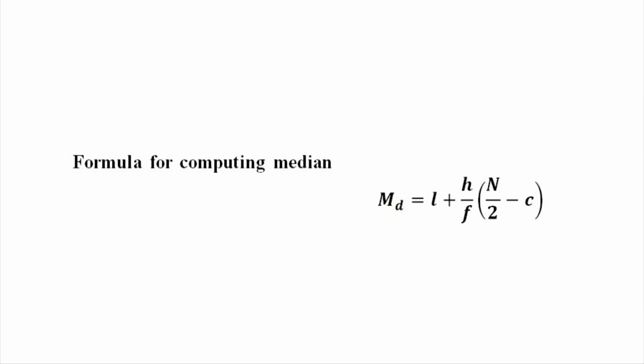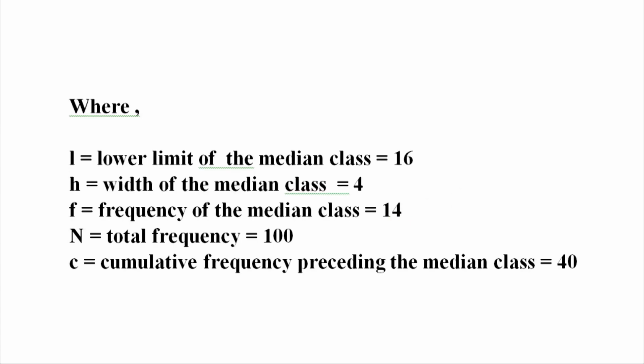The interpolation formula used to compute median is median is equal to L plus H by F into N by 2 minus C, where L is equal to lower limit of the median class, which is equal to 16, H is equal to the width of the median class, which is equal to 4, F is the frequency of the median class, which is equal to 14, N is the total frequency, which is equal to 100, C is the cumulative frequency preceding the median class, which is equal to 40.